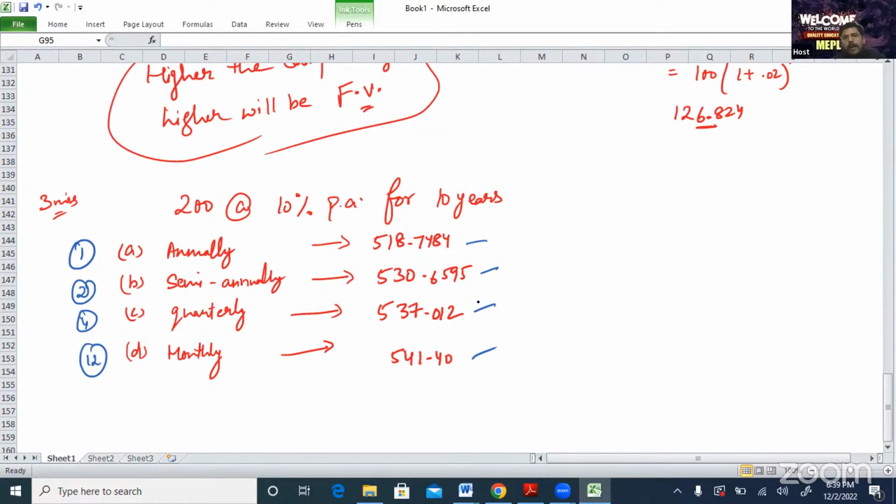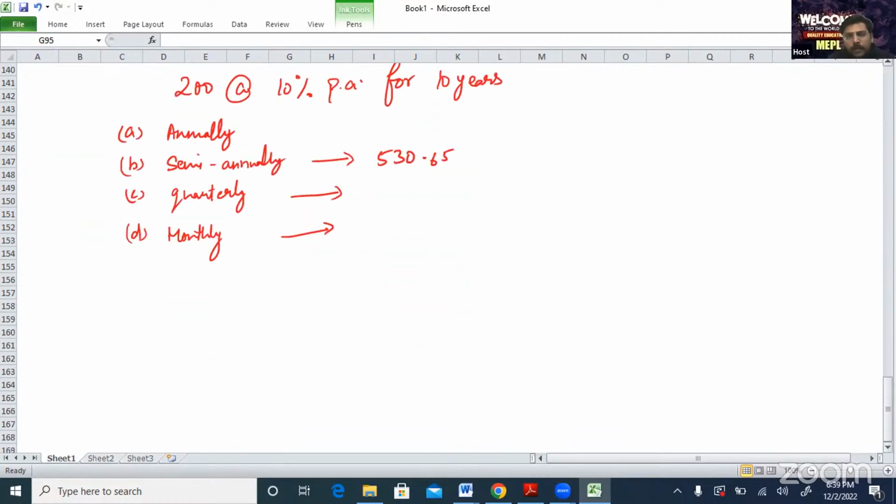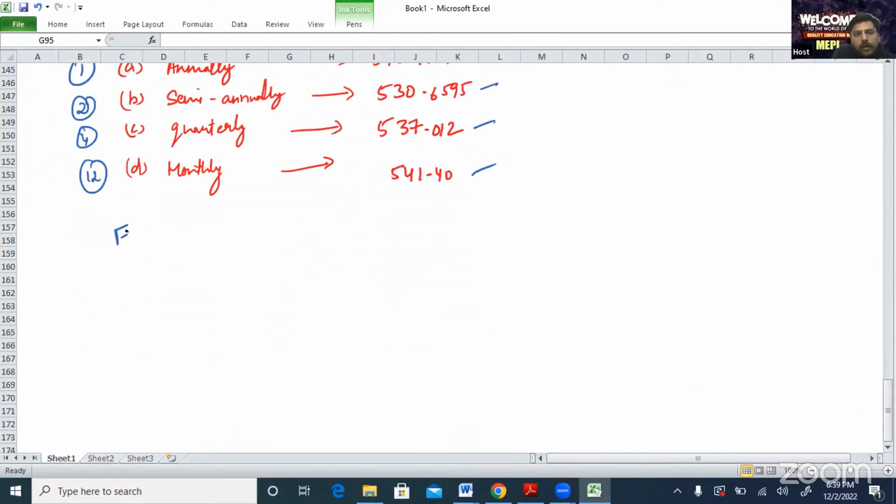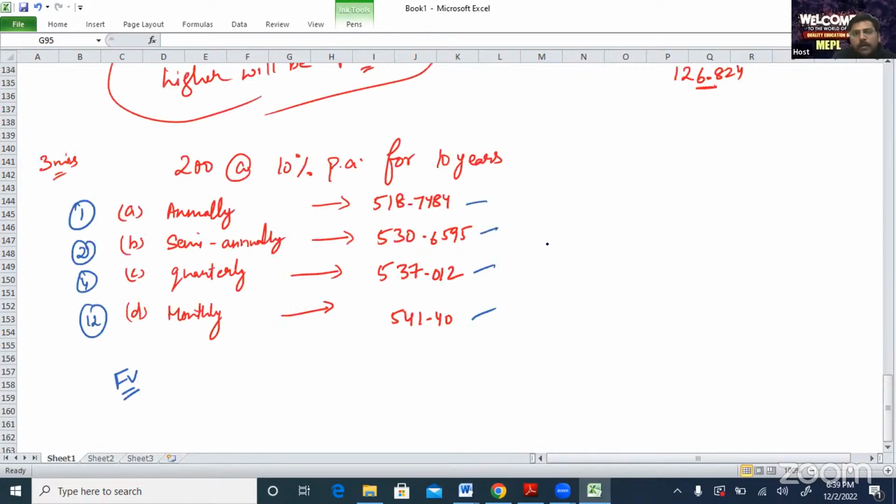So if I have multiple compoundings in a period, I can do the question like this. This is what we have done for the future value calculation. The same thing I can do for the present value. Now if I say 518.7484 is your future value, tell me how much money I should deposit today.